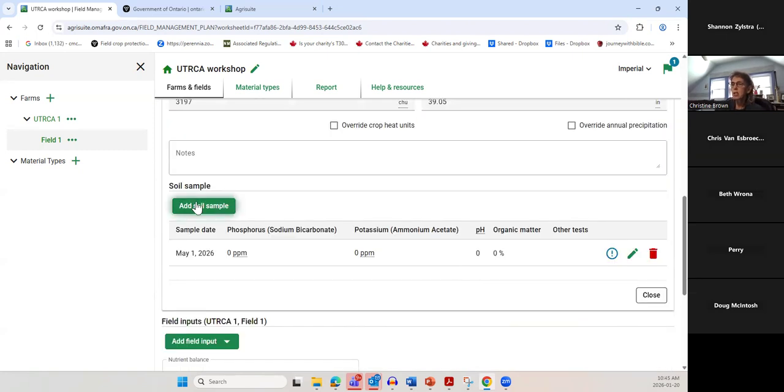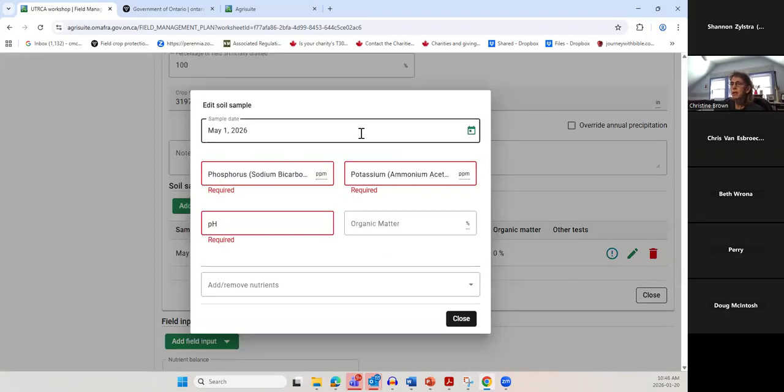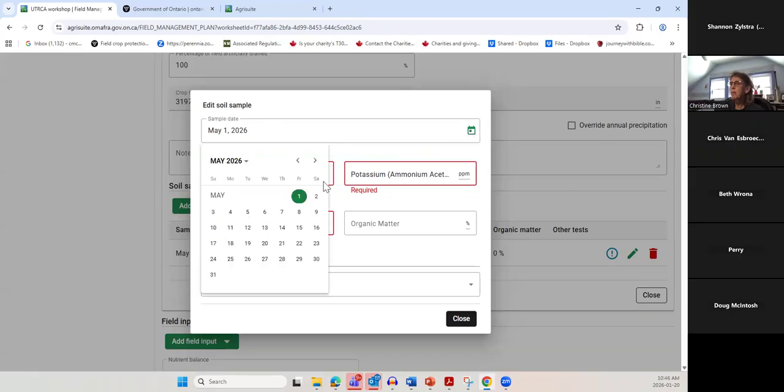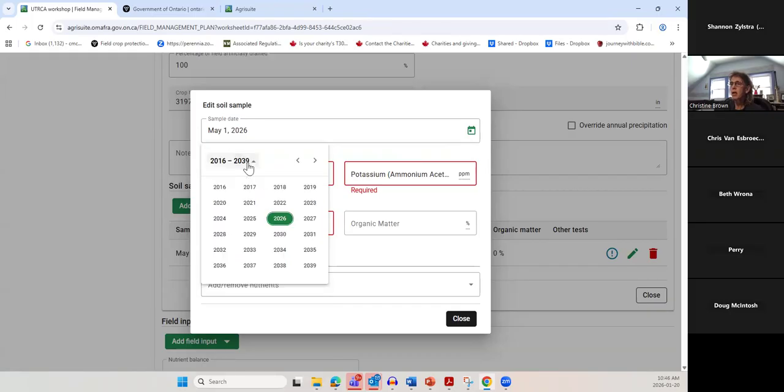Next is the soil sample. So it's going to ask for soil sample data. So I'm going to edit that, and we're going to say that we took that sample last year. So I have the calendar at the side. I can change that to 2025.